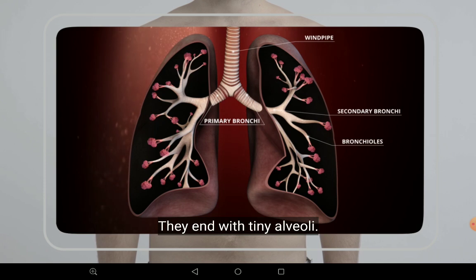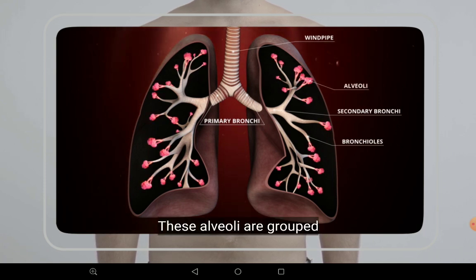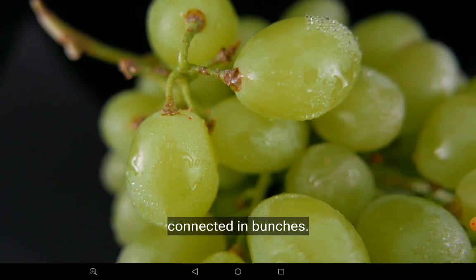They end with tiny alveoli. These alveoli are grouped on the bronchioles, similar to the way grapes are connected in bunches.